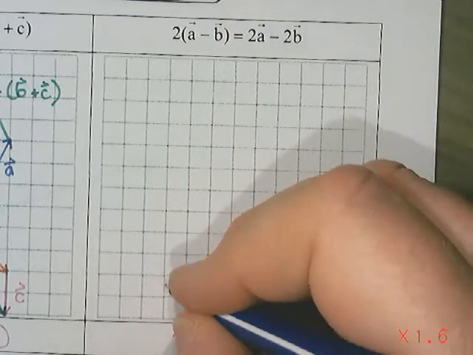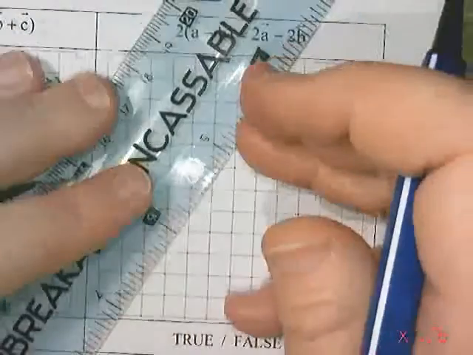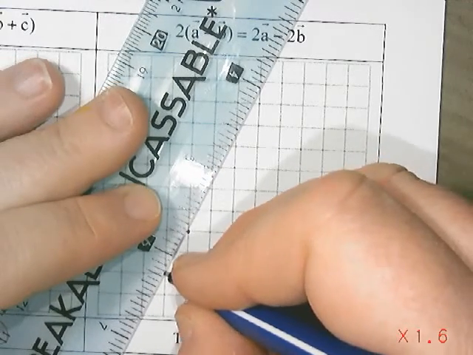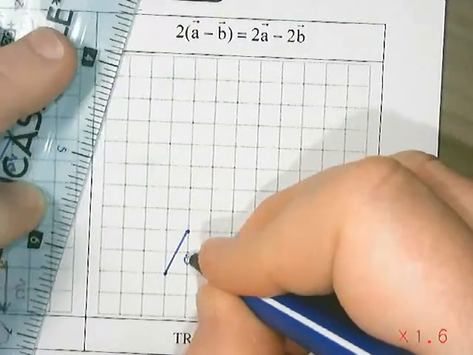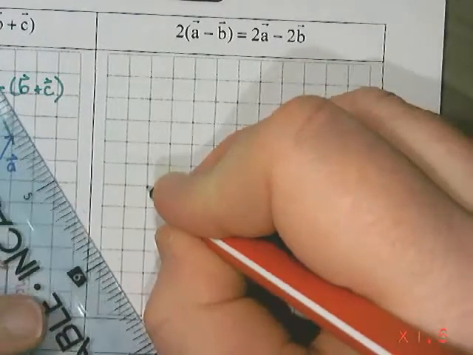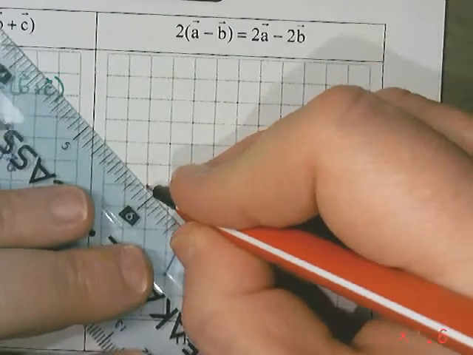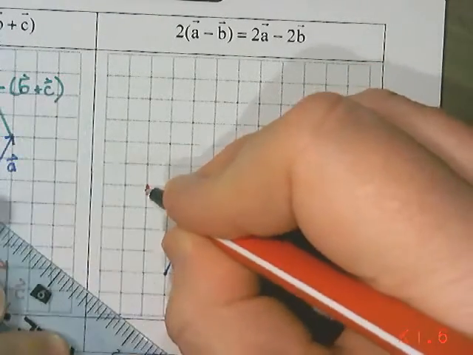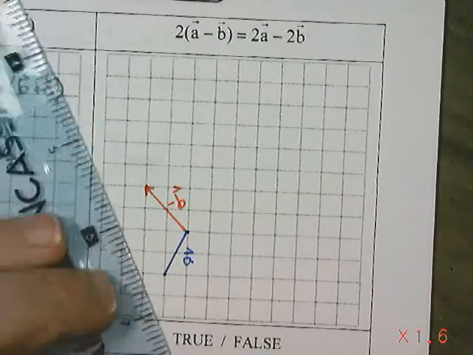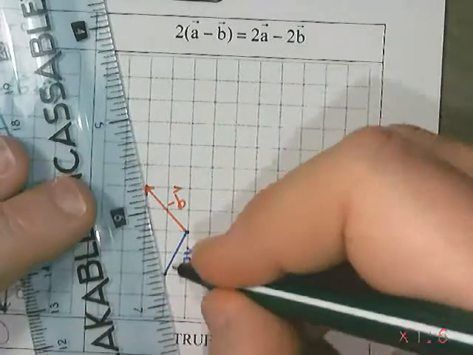So we have drawn A minus B before. Here's A. And then B is going the opposite direction that it normally goes. Okay, and then my resultant is here.